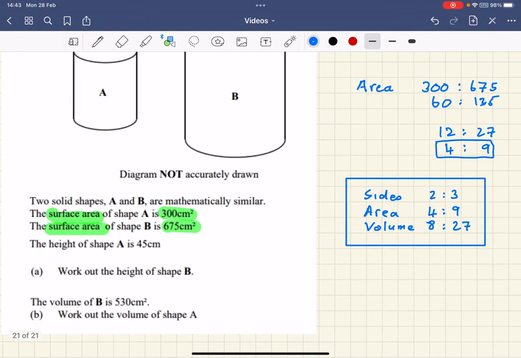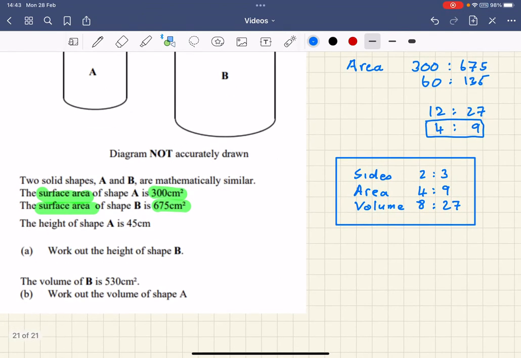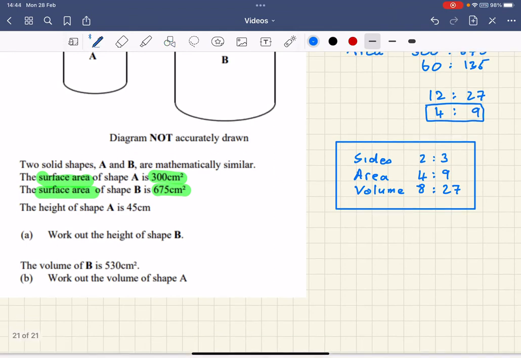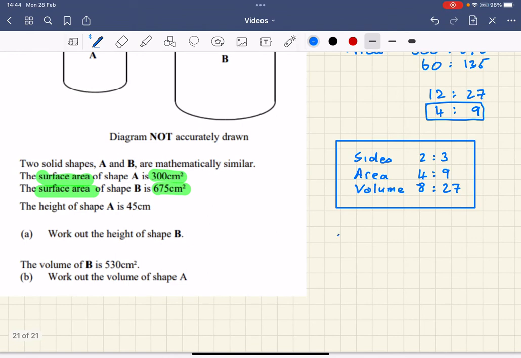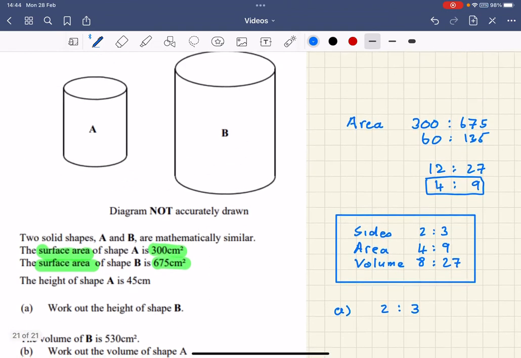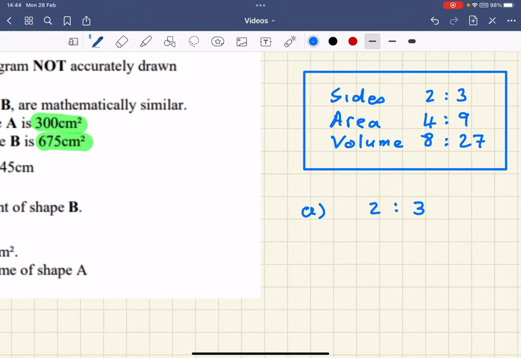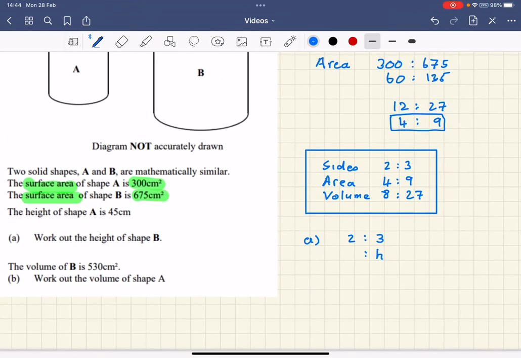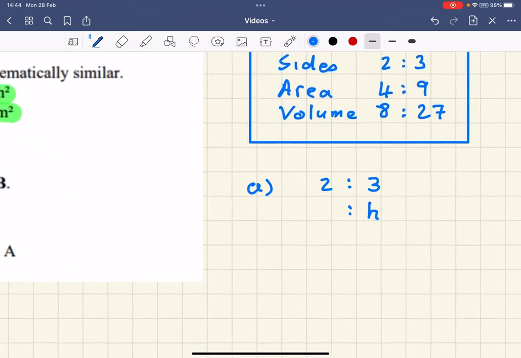The first question says, find the height of shape B. So a height is a side, it's a one-dimensional measure. So I'm going to use that first ratio, 2 to 3. So I'm going to copy down that ratio, 2 to 3 to begin with. The height of shape B, so shape B is the larger one. So let's put that down as H. And shape A has a height of 45.